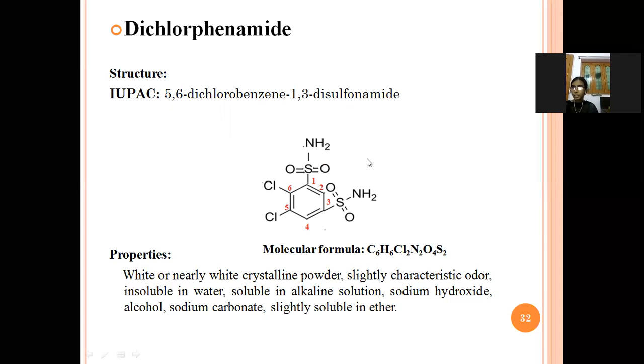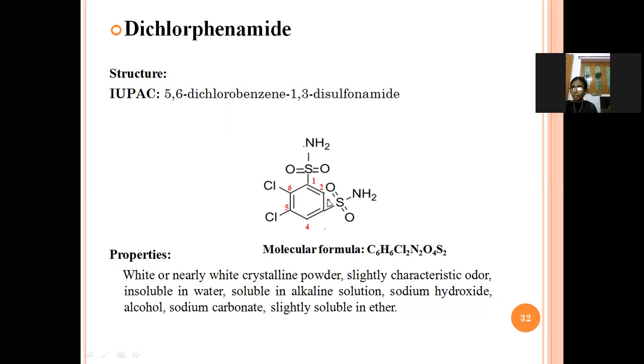See here the structure. This is the phenyl or benzene. We can name it as benzene. See here how many carbons: 1, 2, 3, 4, 5, 6. So, six-carbon benzene, in the 5th position and the 6th position chlorines are there. How many? Two, so di. 5,6 dichlorobenzene.